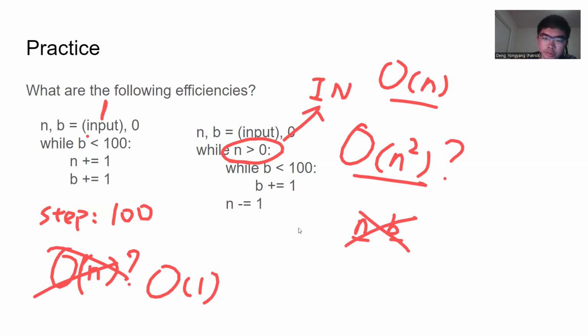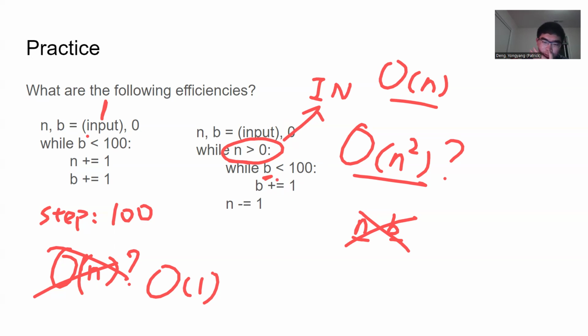You also have to see whether the counter b is an input. I guess b is not, because b is assigned 0 no matter what the input is. There is only one input, and the input will be n. So b is equal to n, and each time I add plus equal to 1.